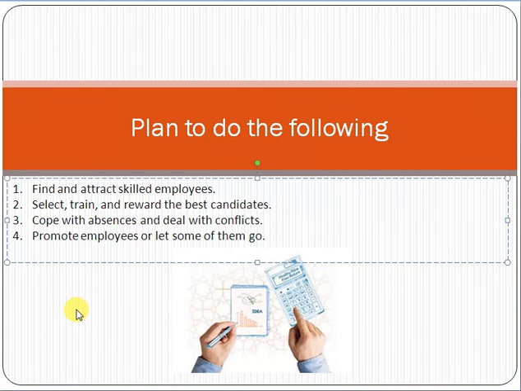But always try to retain good resources, appreciate them, and promote them. And if there is no chance other than letting them go, it's also okay. But always remember one thing: a good resource will always give you good results, so always try to find some possibility to retain them.